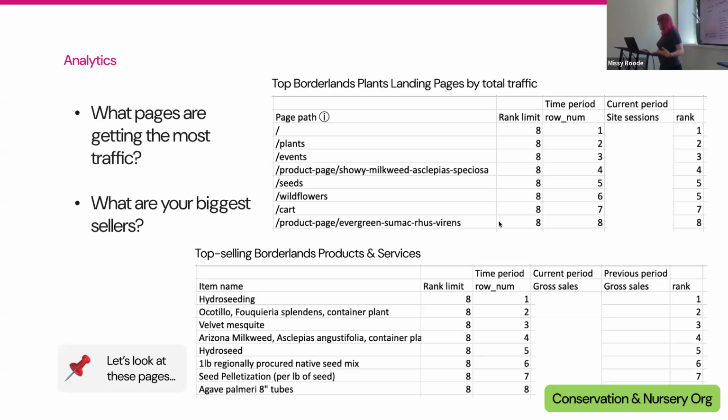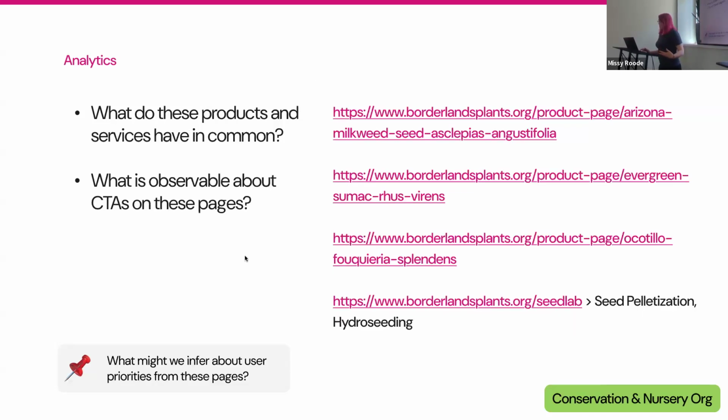So from that, we want to actually look at the pages. Now for today, I'm not going to dive into the pages themselves. I'm going to give you what I found when I went to these pages so that you can understand what we're pulling from this. When you go to these pages and read the descriptions, you'll find things like: it's drought resistant, or it's good for erosion control, or it supports pollinator populations.